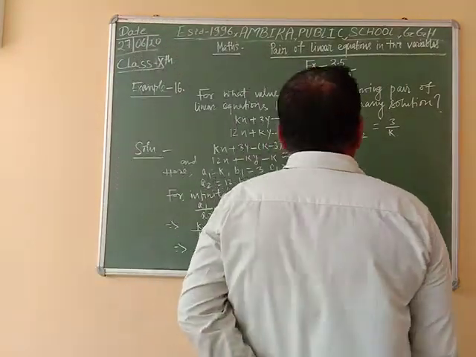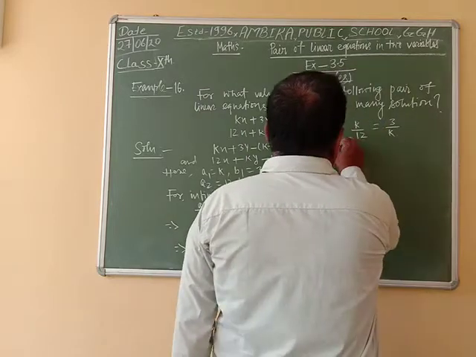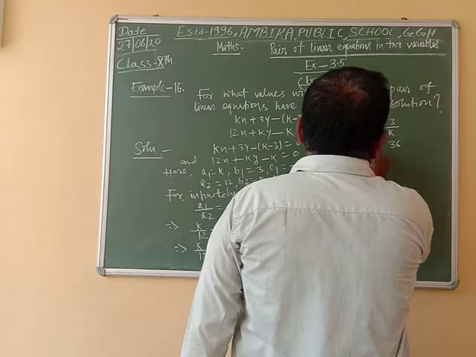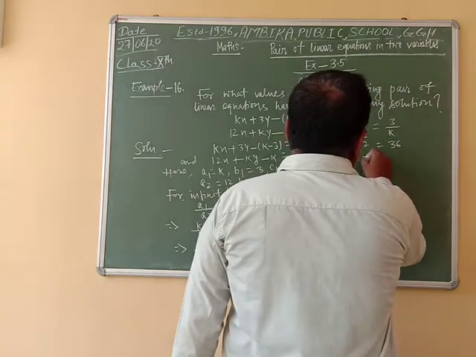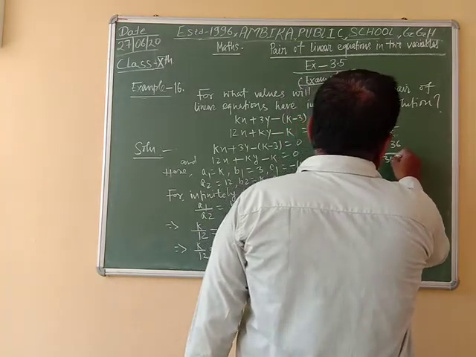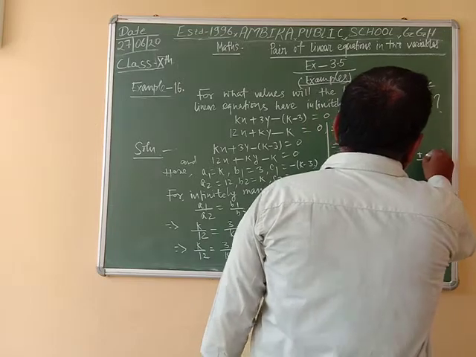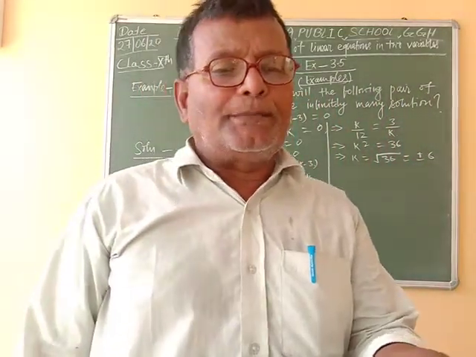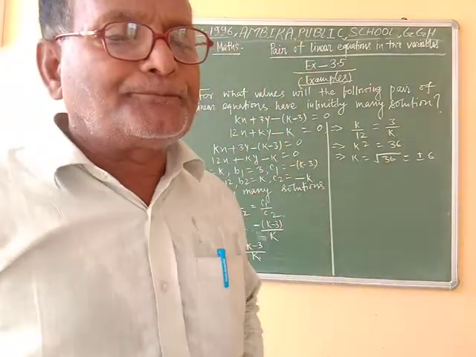So we can write k by 12 is equal to 3 by k, k squared is equal to 36, k is equal to root under 36, is equal to plus minus 6. Here the value of k is equal to plus minus 6.